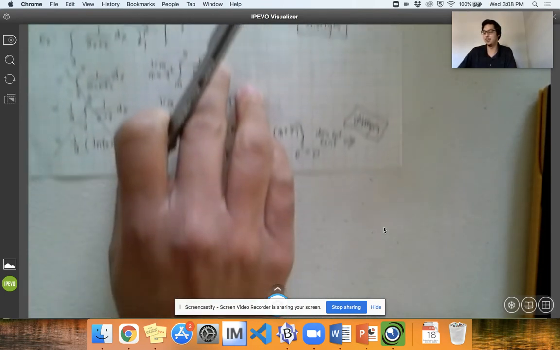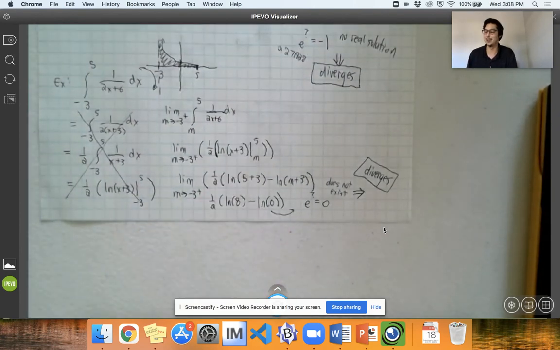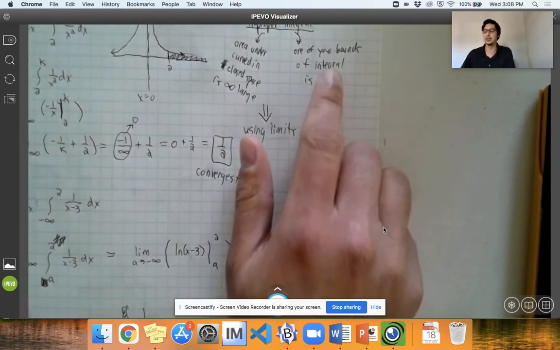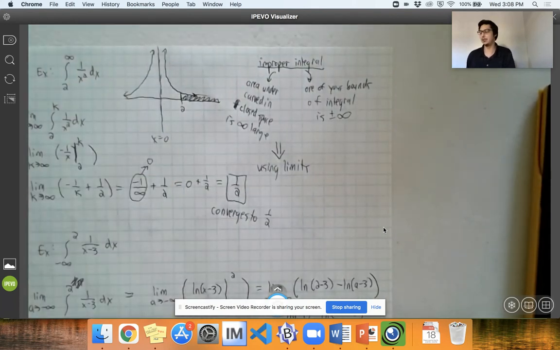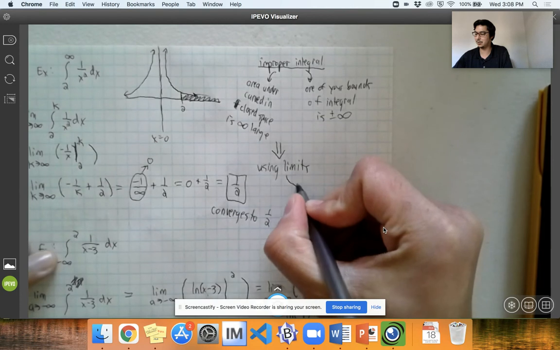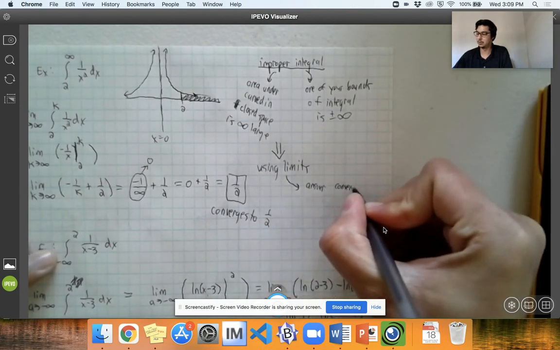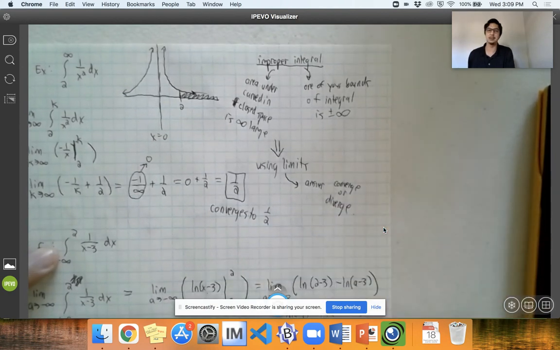Don't make the mistake that I did here, because that's just a silly mistake that they would dock you on for mathematical accuracy when writing. Or an improper integral is when one of your bounds is infinity, like this one here, in which case you have to use limits to solve, and your answer will either converge or diverge. Okay? And that's what this lesson's on.